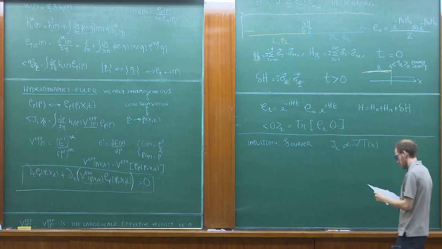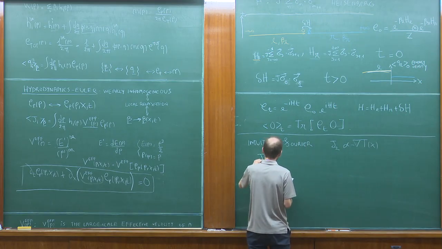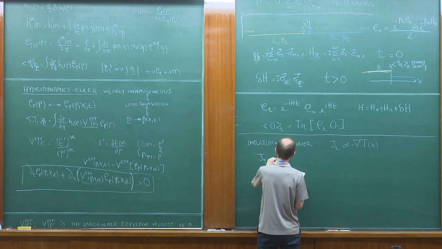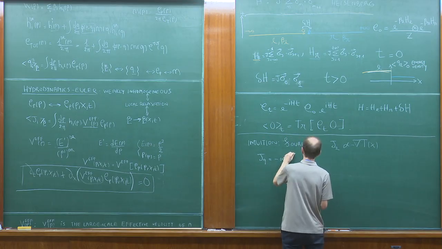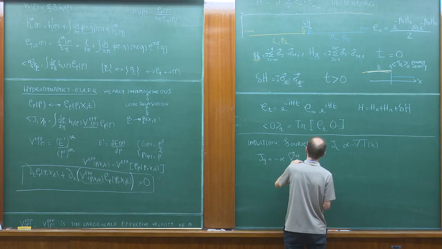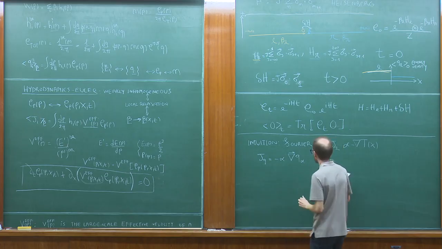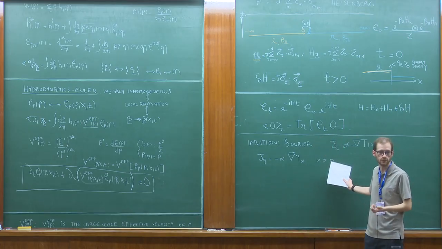This is Fourier law or Fick's law, which tells you that the current J for a generic density is equal to minus some positive coefficient alpha times the gradient of the associated charge. This is like Fourier's heat law.